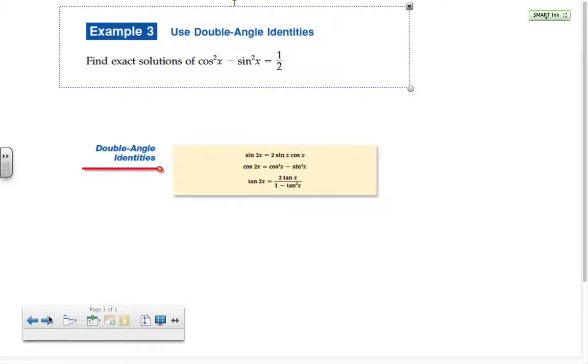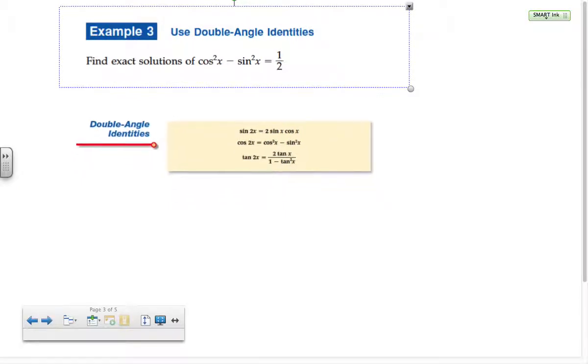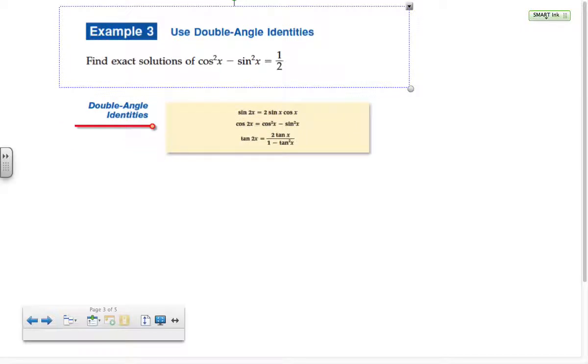Example 3. Okay, so this one is going to also use the double angle identities. That's cosine squared x minus sine squared x equals 1/2. Since we know here that cosine of 2x is cosine squared x minus sine squared x, I can now replace this with cosine of 2x equals 1/2.